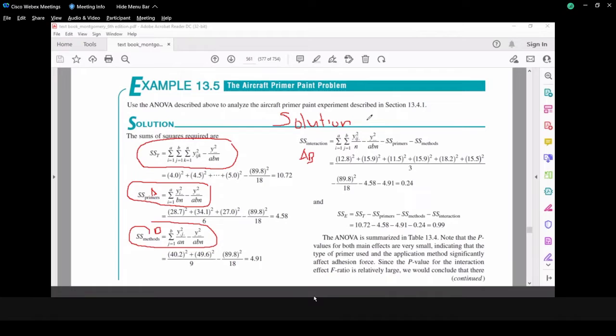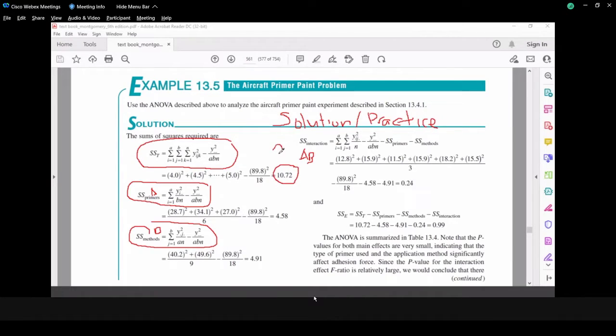So I would suggest that you must practice using your own calculator, especially to calculate SST, whether you get this number or not.